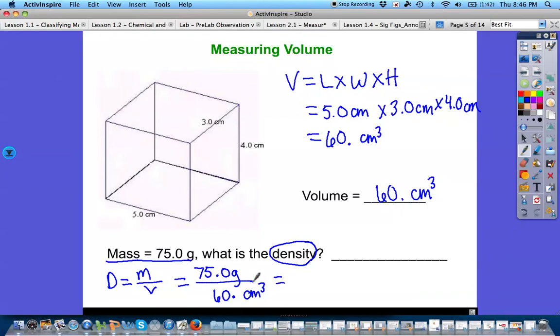So we have 3 sig figs on the top, 2 on the bottom, so our final answer needs 2. When you calculate this, you should get 1.25 grams per cubic centimeter. Grams and cubic centimeters don't cancel. So the 5 means we're going to round this to 1.3 grams per cubic centimeter.